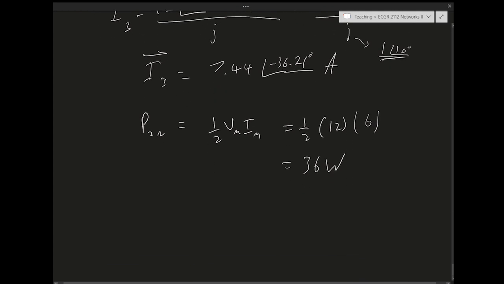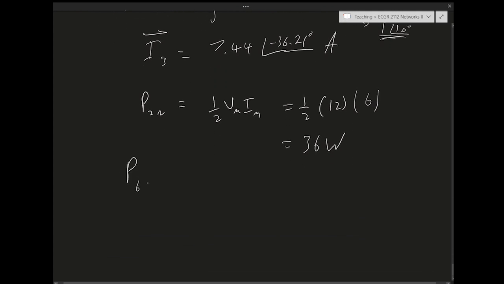So the power absorbed by this voltage supply, 6 at 0 degrees volts, is going to be half VM IM cosine of theta V minus theta I, since this is not a resistor. Okay, so we know half VM is 6.